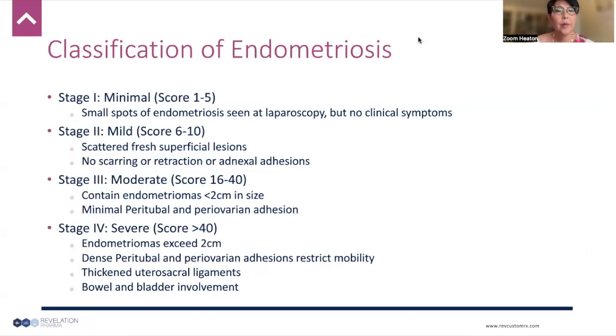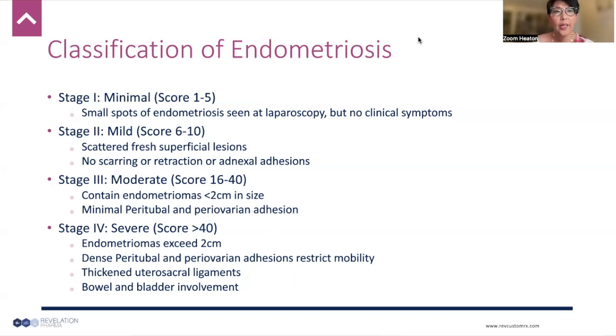And here is the most used and best known system that was developed by the American Society of Reproductive Medicine. It's a classification system that is divided into 4 stages or grades according to the number of lesions and the depth of infiltration.